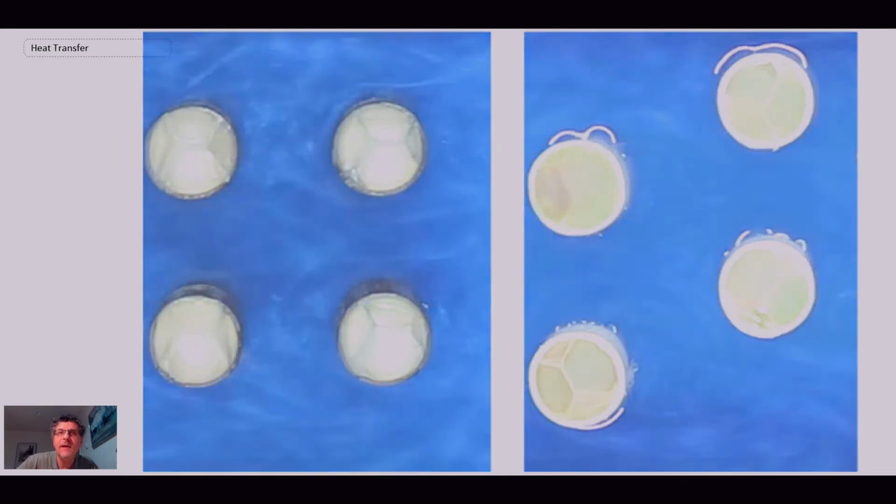So that gives us some appreciation for what is happening with the fluid mechanics in tube bundles, and consequently we can expect that the convective heat transfer coefficient will be heavily dependent on the arrangement, the spacing, and the diameter. That's what we'll be looking at in the next couple of segments as we study tube bundles and convective heat transfer in tube bundles.